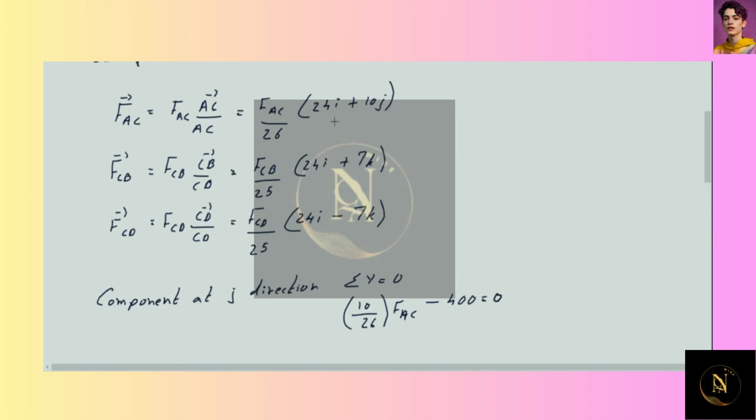Summation along Y equal to 0 gives you 10 feet by 26 FAC minus 400 equal to 0. Let's draw the diagram for better understanding.